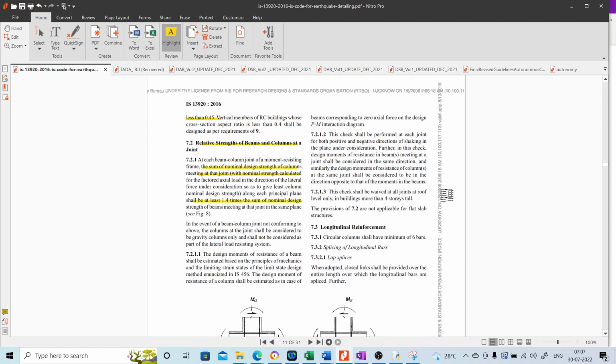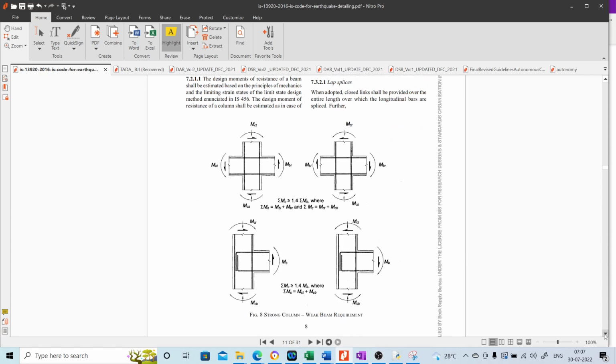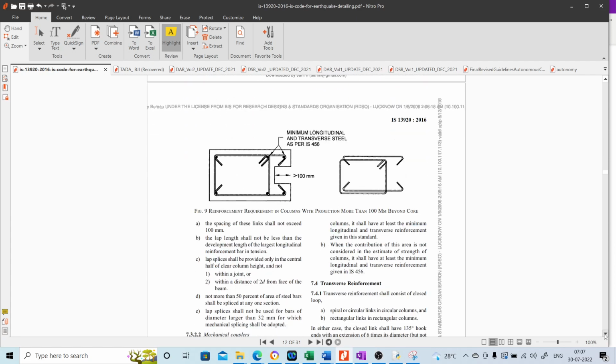Now let us come to the detailing provisions. The first detailing provision that we require is the longitudinal reinforcement. Here it is telling that the minimum diameter of the longitudinal bar has to be 6 mm.